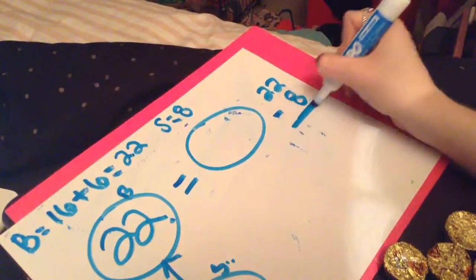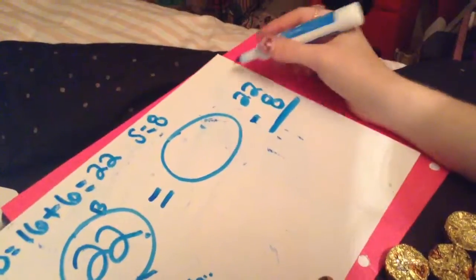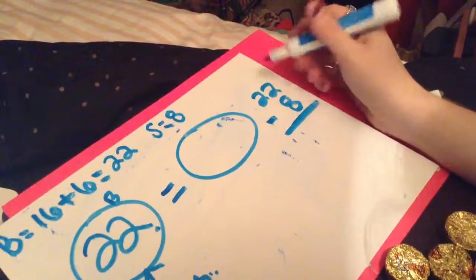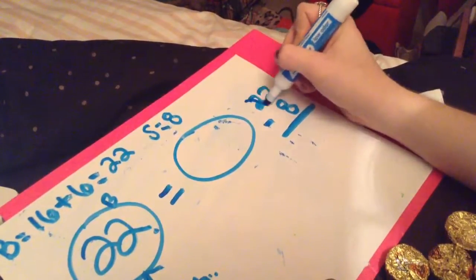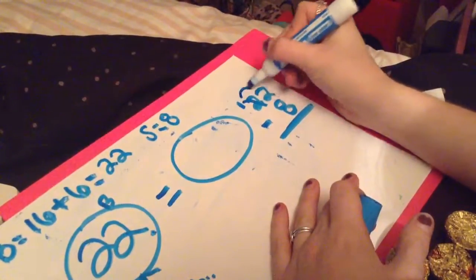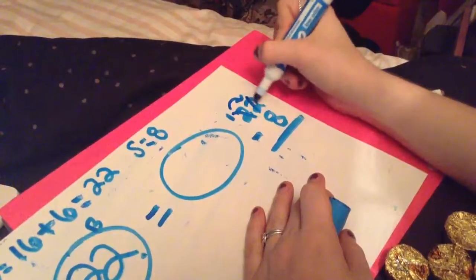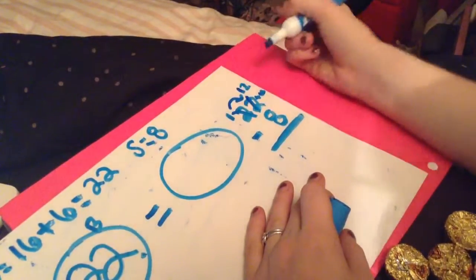So let's go to our ones place. Well, we can't take away 8 from 2, so we have to regroup. So we can take away 1 from the tens place and add it to the ones place. So now instead of 2, we added 10, which is now 12.